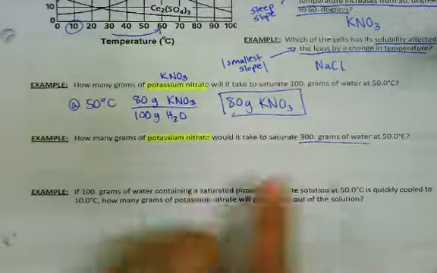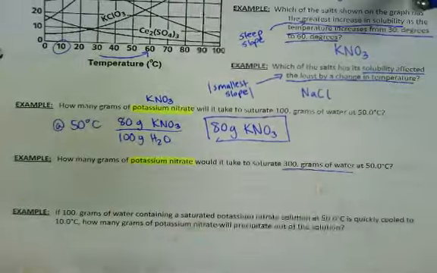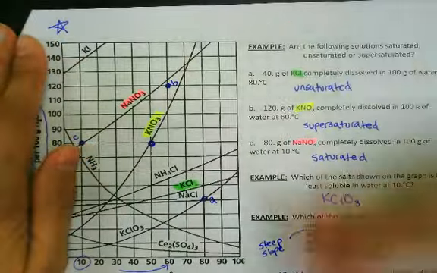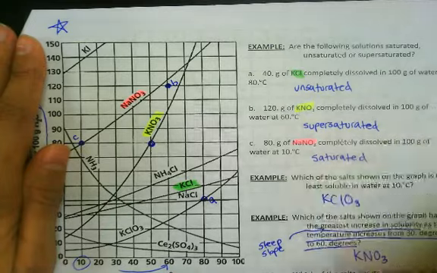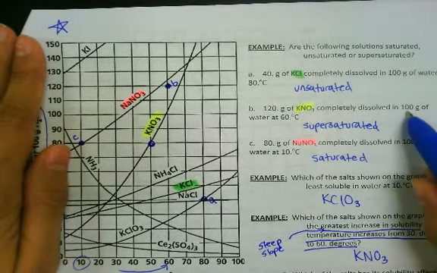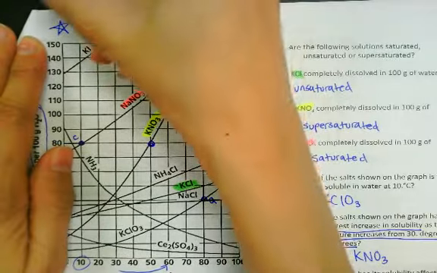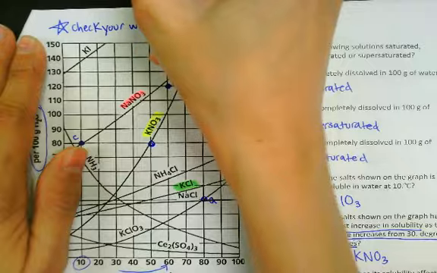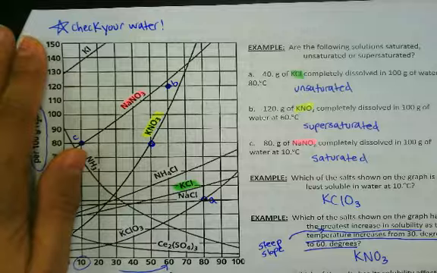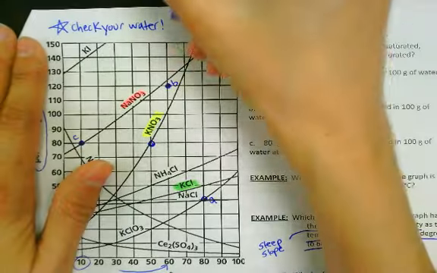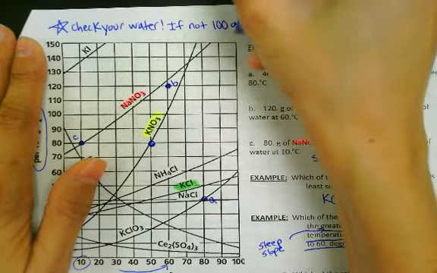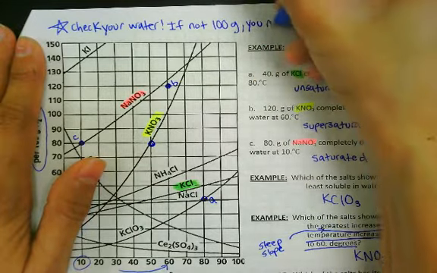So up at the top of your page, I want you to write this little note, now that we are dealing with something that is not 100 grams of water. Please make sure anytime you are doing one of these problems, up until this point it has not been a problem because they've all been 100 grams, check your water, check the mass of your water. If it's not 100 grams, you need a proportion.